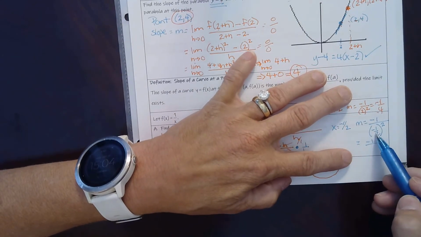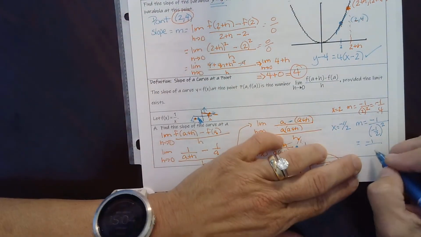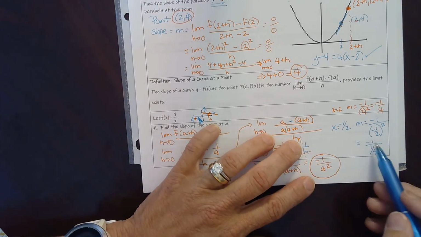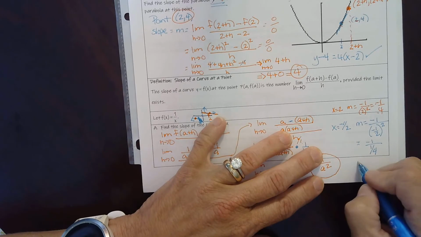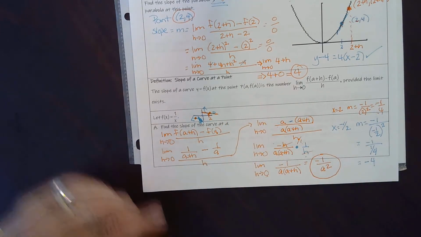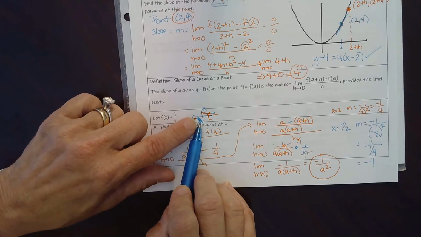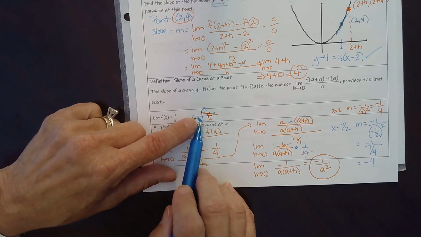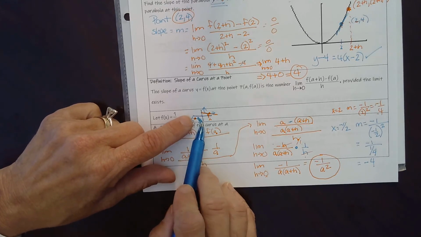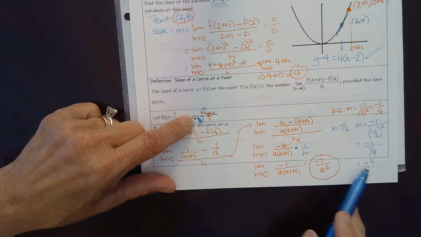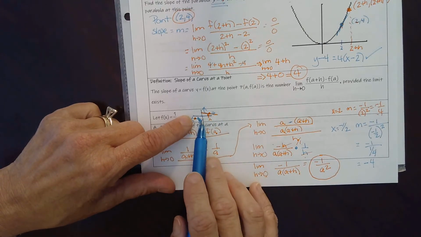When you square negative 1/2, you get positive 1/4, and when you change the division to multiplication, you end up with negative 4. And that little tangent line is steep and falling, which makes sense: it's negative because it's falling, and 4 because it is steep.